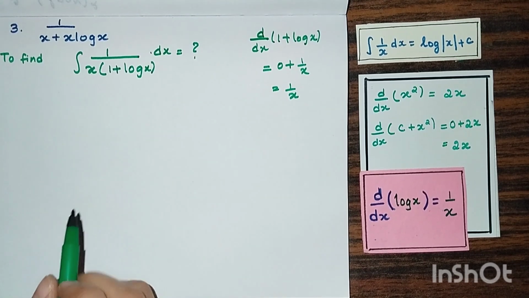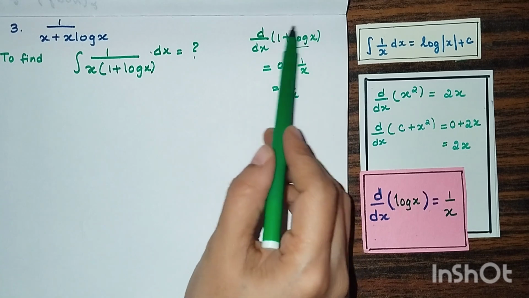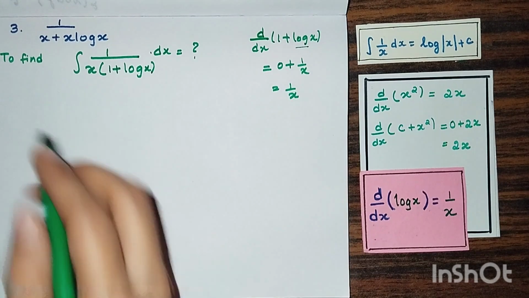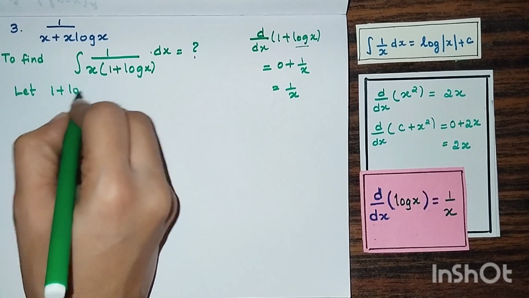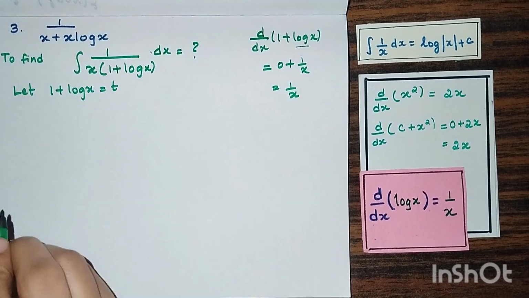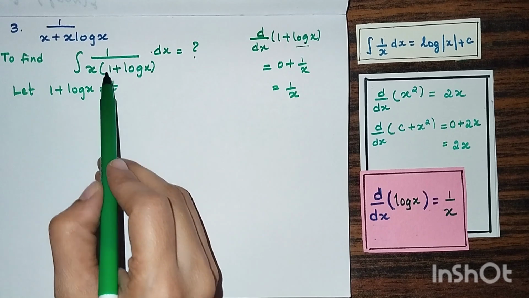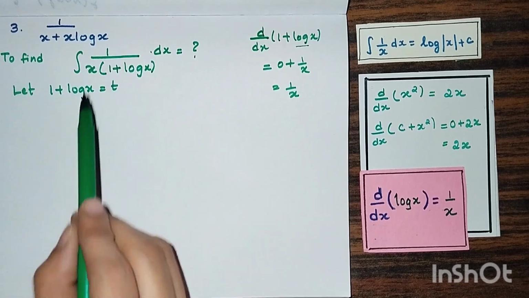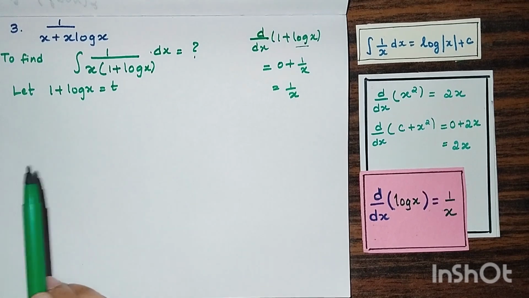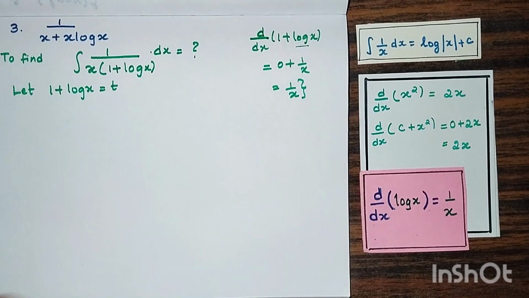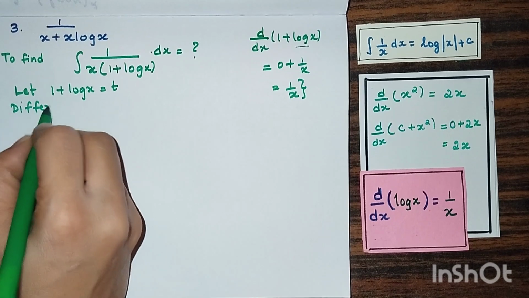So instead of just taking log x is equal to t, we will take the entire 1 plus log x is equal to t. So let us write 1 plus log x is equal to t. If you just write log x is equal to t, then here you will get 1 plus t. So instead of that, we will write 1 plus log x is equal to t, because we will get the same value. Okay. Now let us differentiate with respect to x.